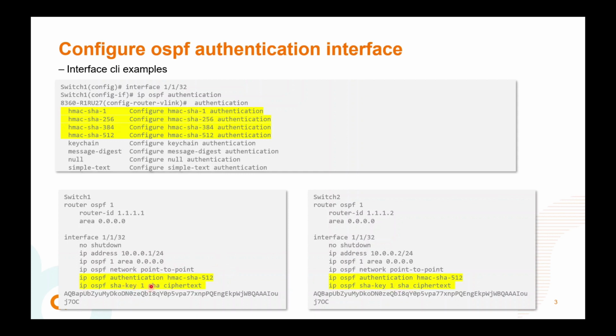And then obviously the third ingredient is the actual password itself, presented here in ciphertext, that needs to match as well. And once we've got those three key ingredients, assuming that we've got our routing process configured correctly, we should form an adjacency between our OSPF neighbors on the desired interfaces.